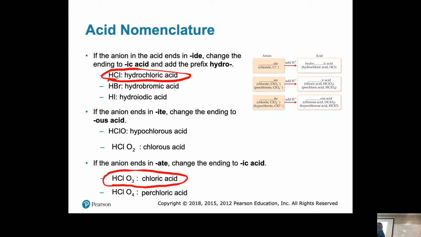Because hydrochloric acid is the binary acid, HCl, containing only 2 elements, whereas chloric acid contains more than 2, 3 different elements. Okay? Makes sense? That kind of pattern will be there with other ones too, like hydrogen sulfide makes hydrosulfuric acid, but then you'll have sulfate, which is sulfuric acid. Okay, we'll go through them all in a second.